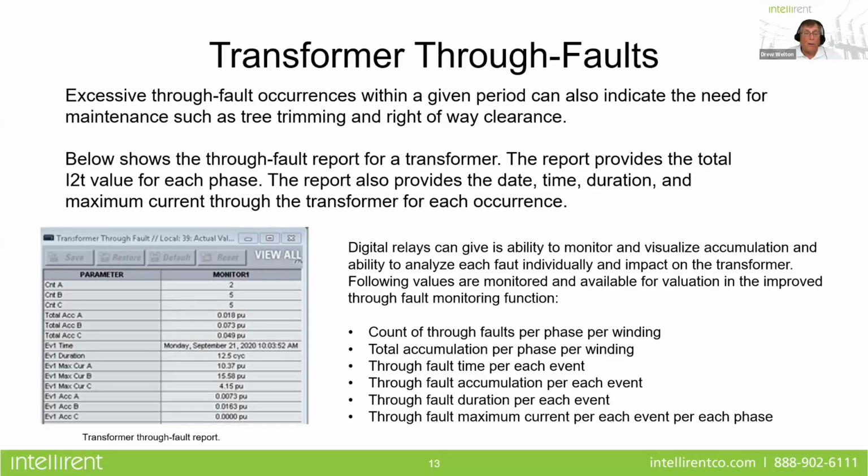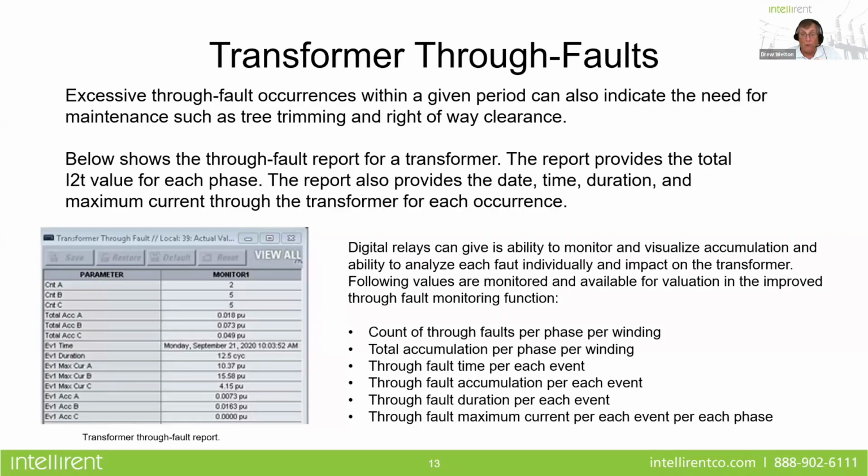The report below shows the through fault report on the transformer. The report provides a total I squared T value for each phase. It also provides the date, time, and the duration of the through fault. Now, in terms of duration, things like breaker failure can hold that through fault a lot longer, which of course will be more damaging.